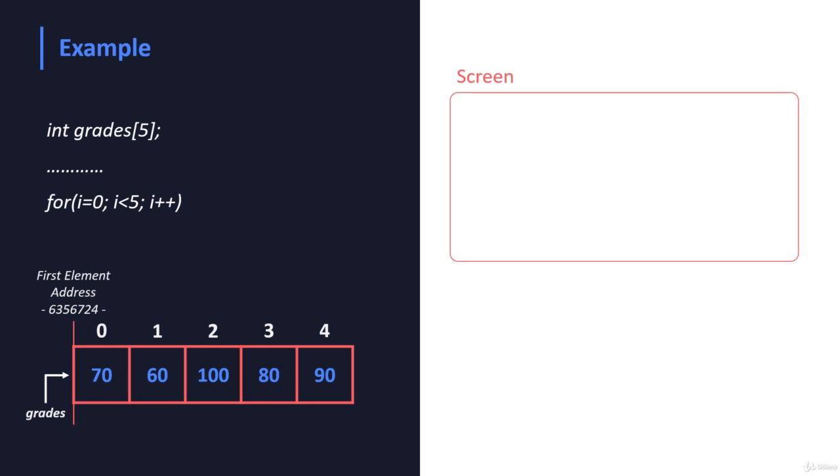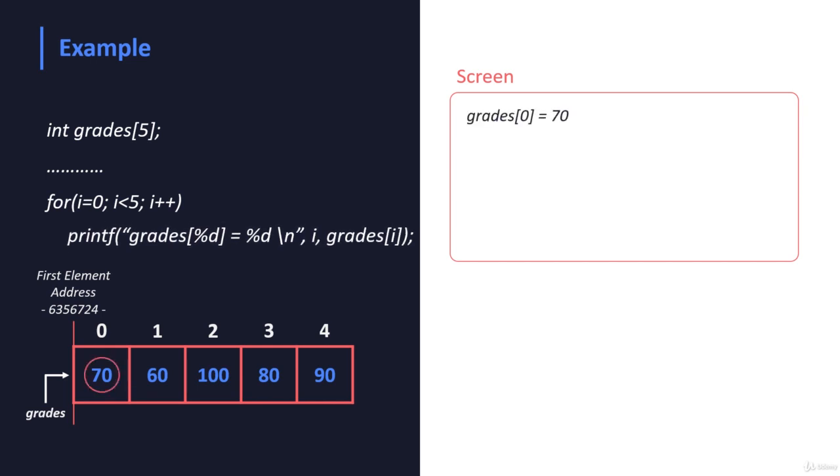So if we want to access and print the values, we can use this printf line: printf grades at the index i equals the value at this particular index. Then on the first iteration, we are going to print grades at the index of 0 equals 70.